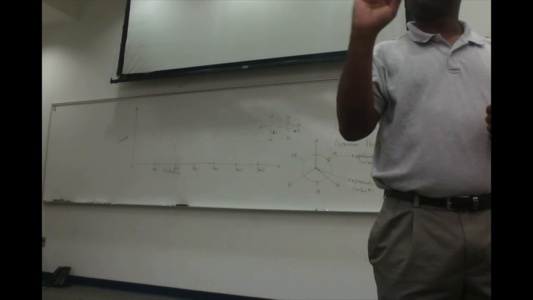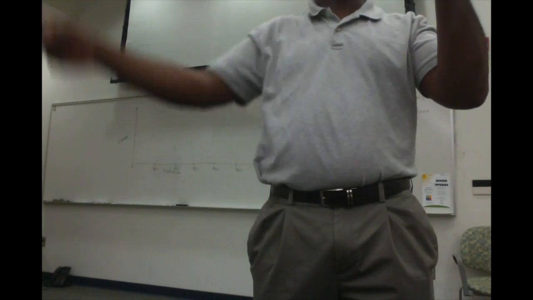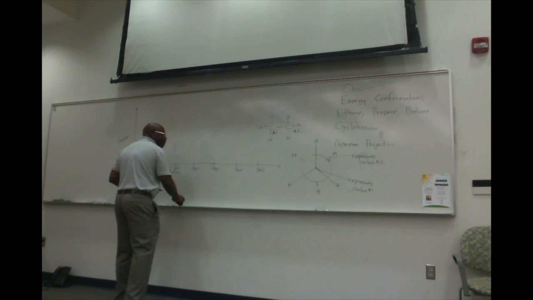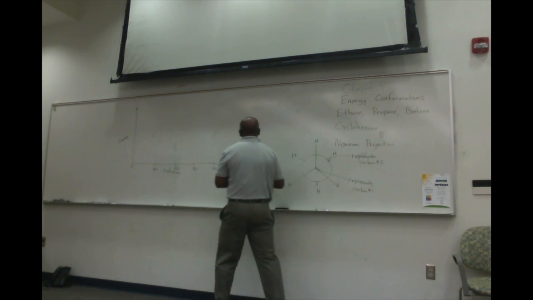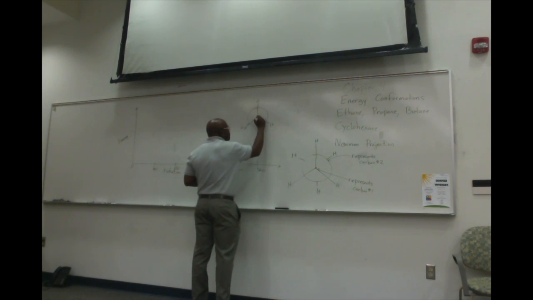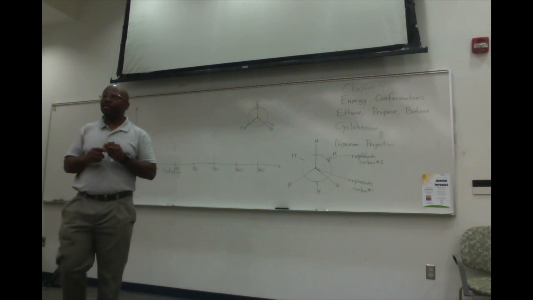So we're going to take one of our carbon atoms and lock it in place, and just rotate the other carbon atom through a complete circle. Let me set the back.